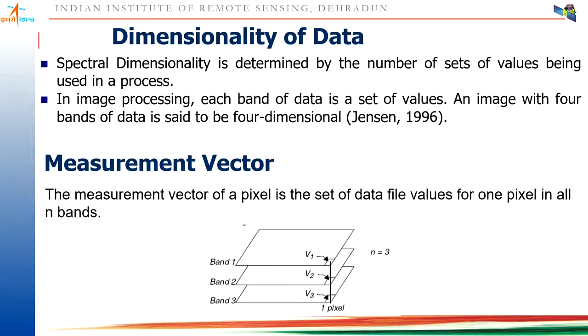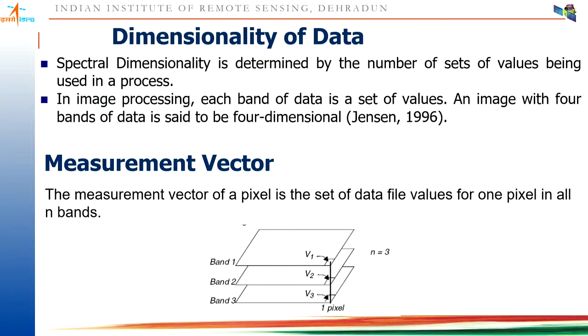Dimensionality means how many sets of data we are having. In digital images or remote sensing images, every band is one set of data. So if we have 4-band data, we call it 4-dimensional data. If we have 7-band data, we call it 7-dimensional data, and so on.